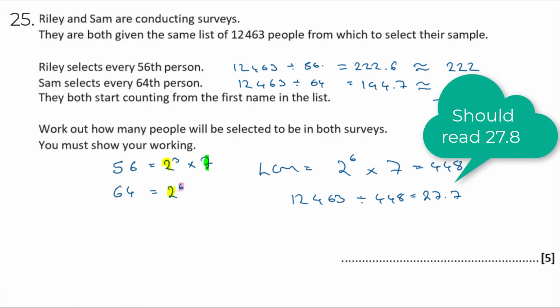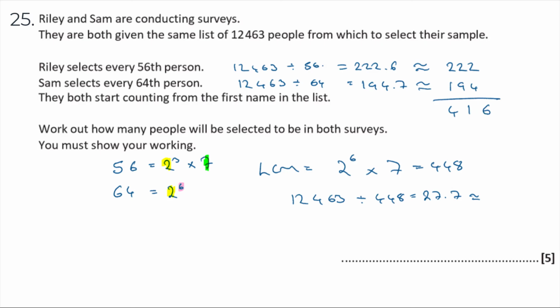So again, I'm going to round down in this case because the 0.7 is going to be off the end of the scale. So that means we've overcounted by 27 people. So I'm going to subtract that 27 people from the total. And then that should be the number of people who actually are in the survey. So 416 minus 27 was 389.